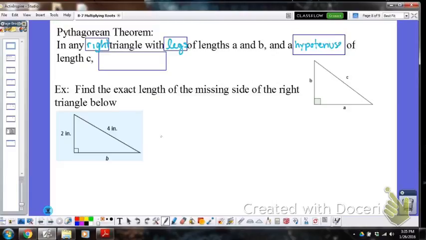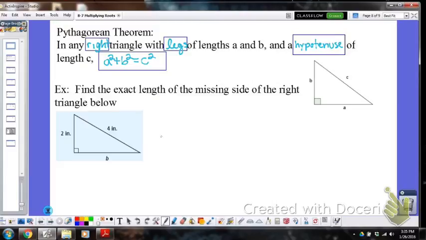All a hypotenuse is, is the longest side of a right triangle. So in a right triangle with legs of lengths A and B and a hypotenuse of length C, then we know the Pythagorean theorem will work. And that is a squared plus b squared is equal to c squared.